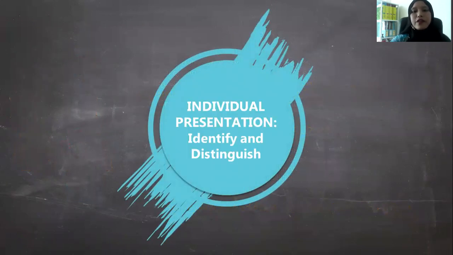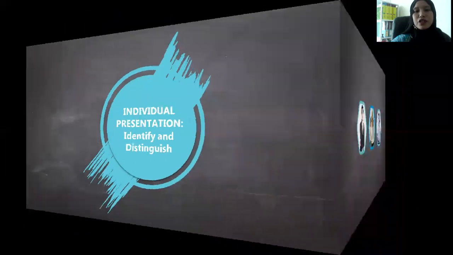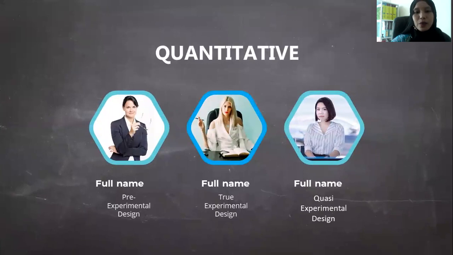Okay, so for the individual presentation, as I mentioned previously, you have to sharpen your knowledge after you listen to my presentation. You have to do self-independent study, like identifying and distinguishing these three research methods I mentioned. And like last week with qualitative, you have the responsibility to present or talk about each kind of method in quantitative: pre-experimental, true experimental, and quasi-experimental.